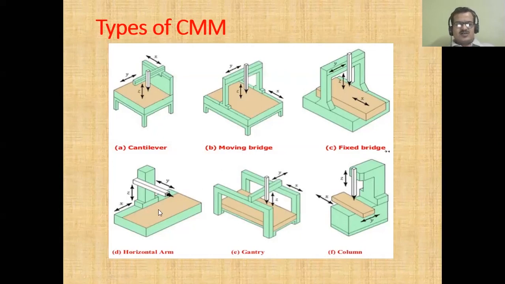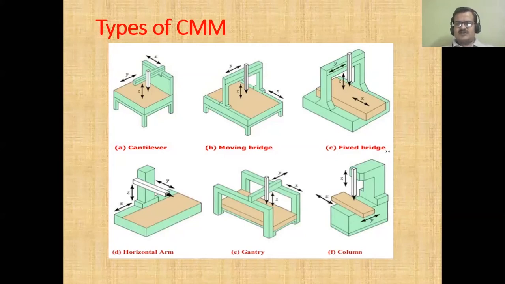Then you can see here the horizontal arm, which is very simple in nature. Then here the gantry type of structure, like gantry cranes, from that this type of structure is being thought of. So here also you can see X, Y, Z movement, a gantry type, a column type of system. Even we have column type drilling machines and other machine structures also.